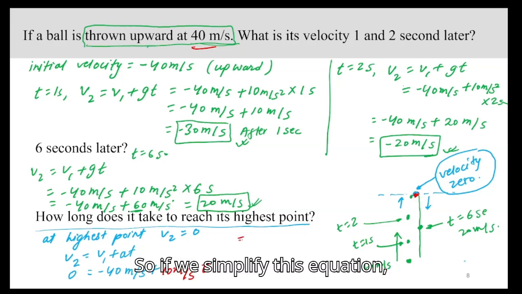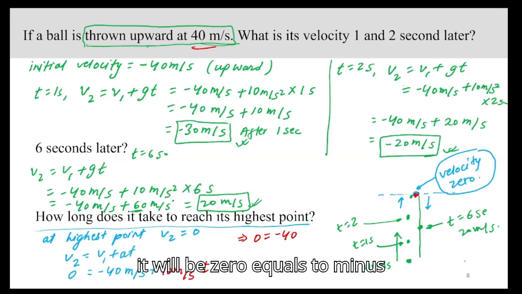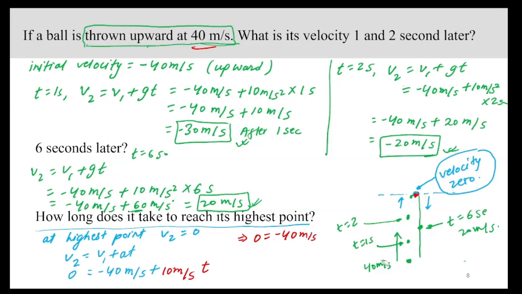So if we simplify this equation, it will be 0 equals minus 40 meters per second plus 10 meters per second squared into time.